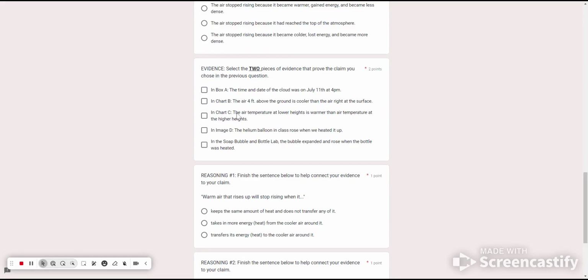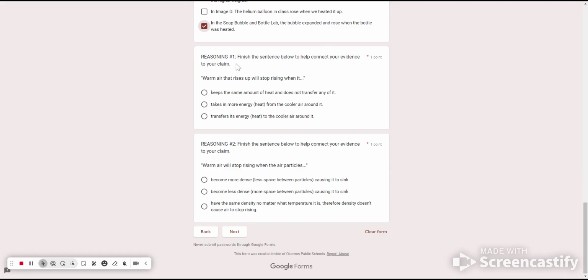C, in the chart C, the air temperature at lower heights is warmer than the air temperature at higher heights. Image D, the helium balloon in class rose when we heated it up. And lastly, E, in the soap bottle lab, the bubble expanded and rose when the bottle was heated. So you'll select 2 pieces of those 5.